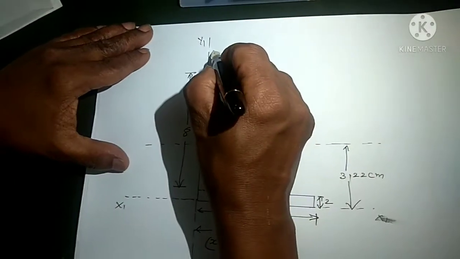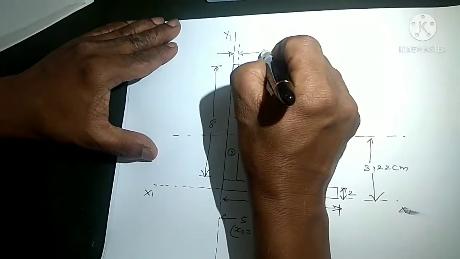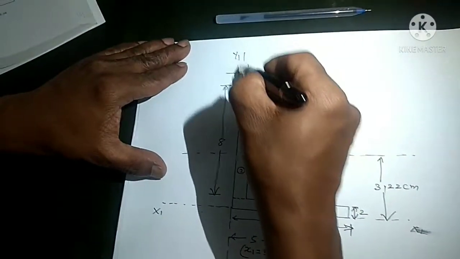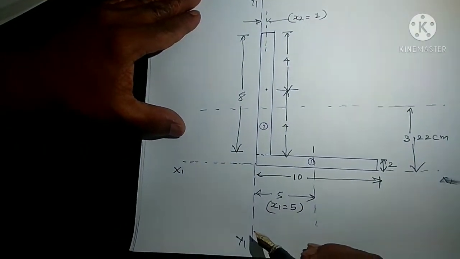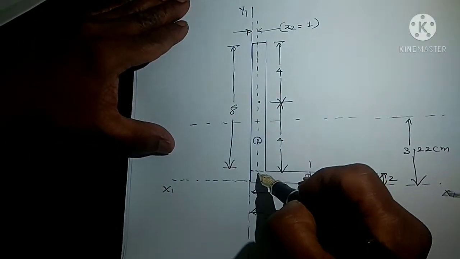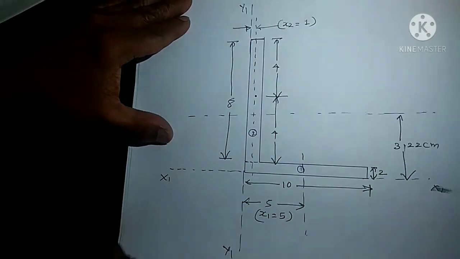Similarly, for the second component, x2 is equal to 1, that is the distance between the reference axis and the vertical centroidal axis of the second component.